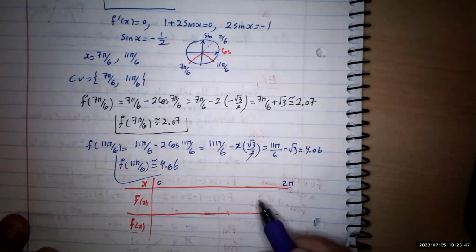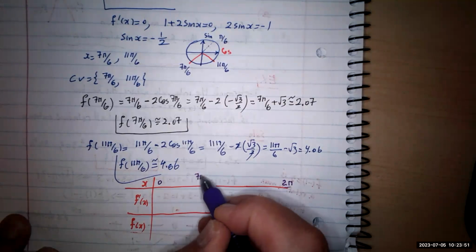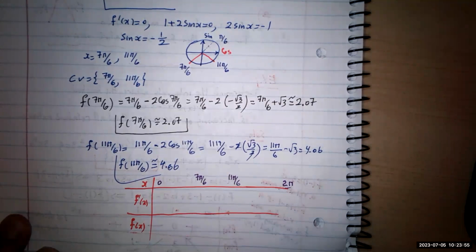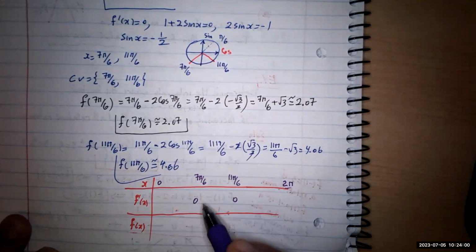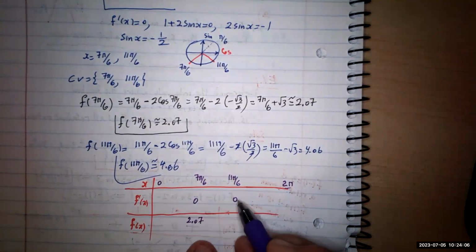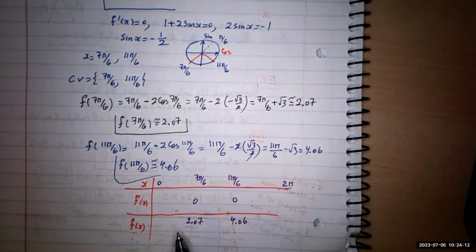Typical numbers that you have to check are 7π/6 and 11π/6. F prime is 0 at 2 places. At 7π/6, we get 2.07. At 11π/6, we get 4.06. So f prime partitions the domain into 3 parts, 1, 2, 3.